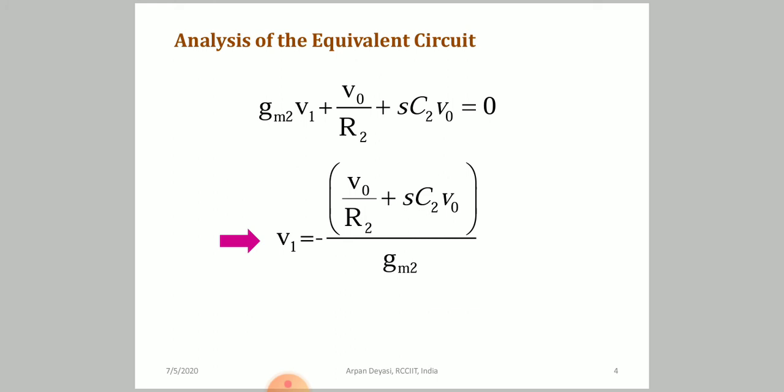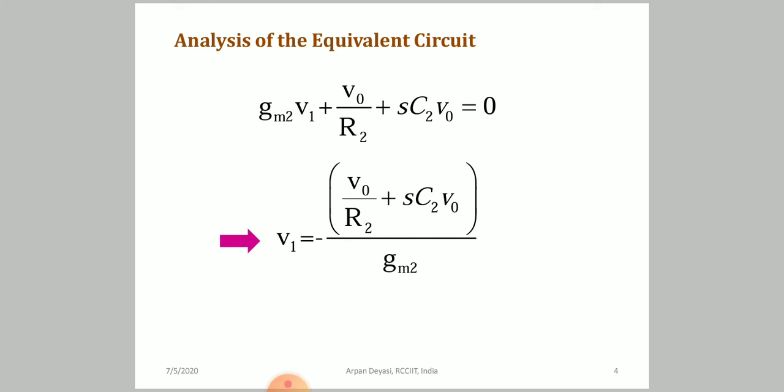And so based on the equation, if you write what is V1, from this equation you can simply calculate, and that will naturally be a function of V0. So V1 equals some function of V0 multiplied obviously by some parameters.